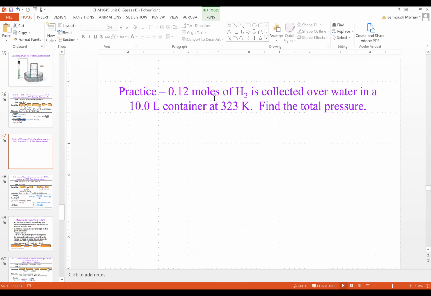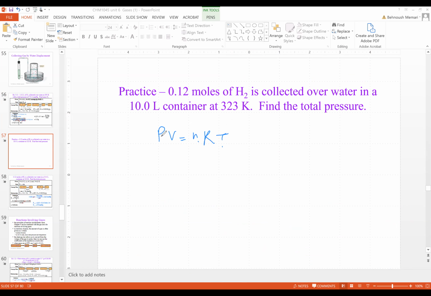Another example: 0.12 moles of hydrogen is collected over water. The temperature is given, and we want to find the total pressure. The pressure that is coming from hydrogen, we can calculate that. We are going to use PV equals nRT.